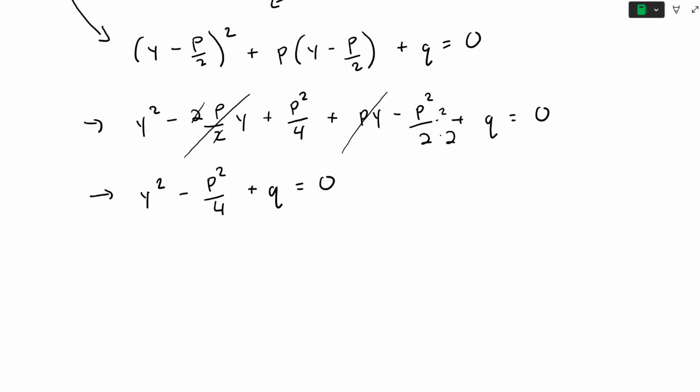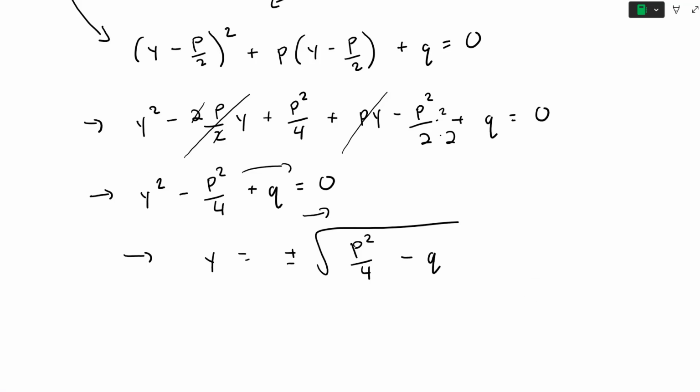Now we could take this over to the other side and move everything there. We get y squared, but we're going to square root it, so moving these over to the other side, we get plus or minus, since we're taking the square root, the square root of p squared over 4 minus q.